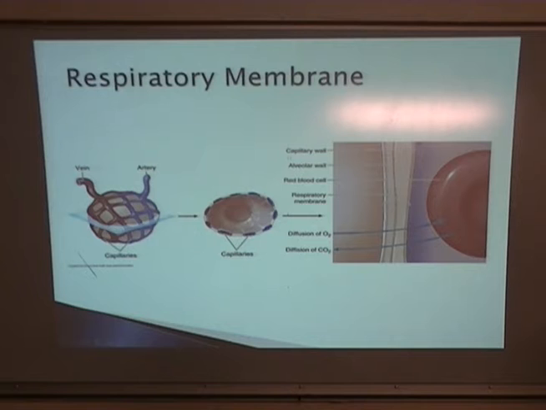So what we're looking for is oxygen to move from the alveolus into the bloodstream onto the red blood cell. And the red blood cell is going to give up its carbon dioxide, and it's going to cross over into the lungs, and we're going to breathe that out. Remember back to biology in high school, or probably even middle school: we breathe out carbon dioxide, the trees and the plants breathe in carbon dioxide and breathe out oxygen.